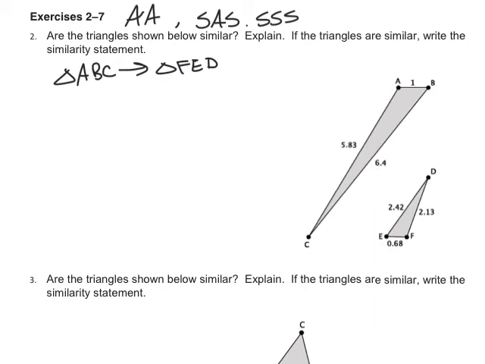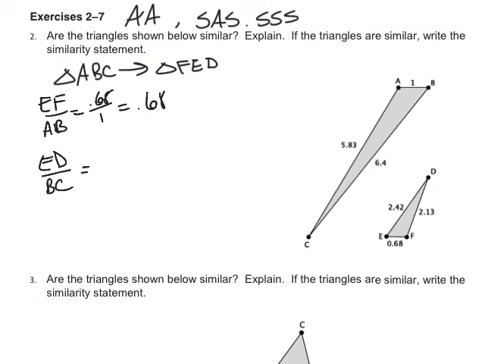And then we're going to set up some ratios. If I look at the smallest sides, I can look at EF over AB, and that's going to be 0.68 over 1. So that has a ratio of 0.68. Well, then we can look at ED, the longest sides, ED over BC.